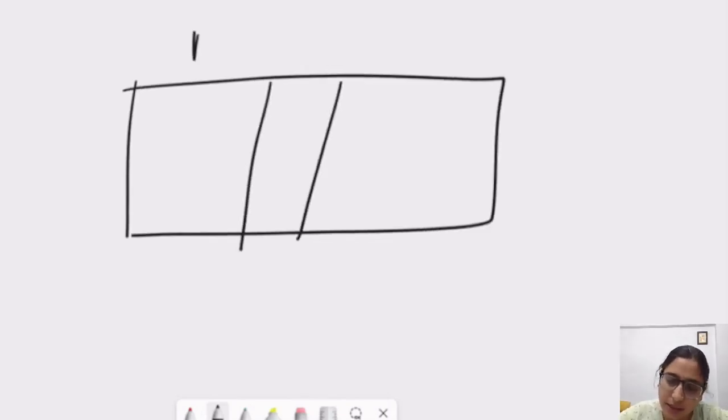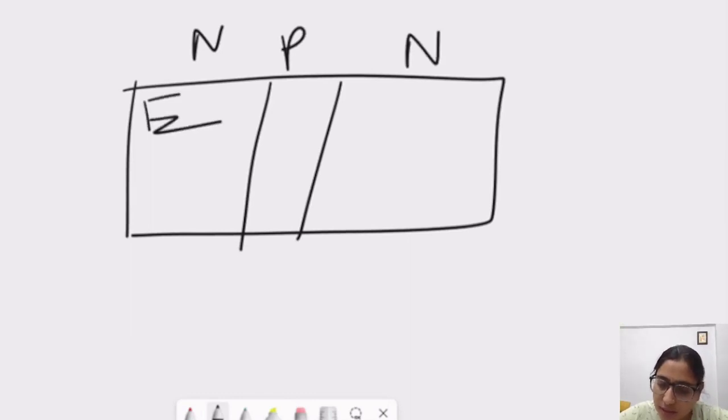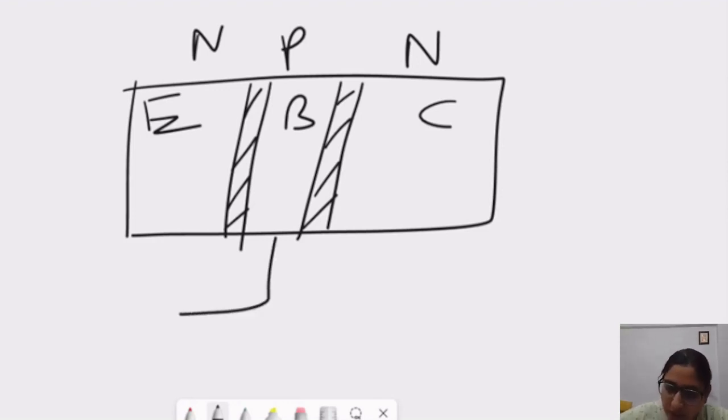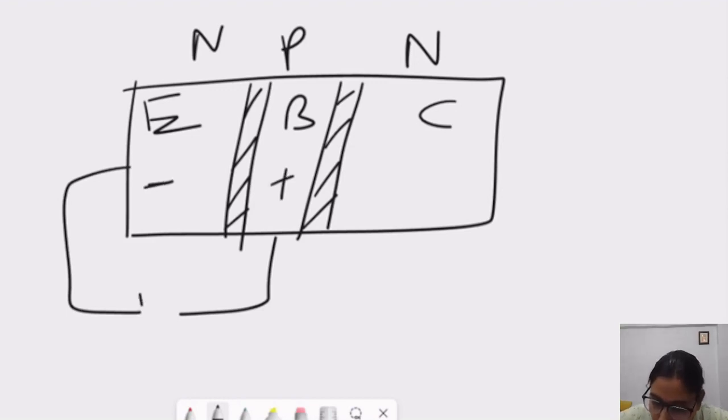This is our emitter, this is our base and this is the collector. We know that a barrier potential is there in the emitter-base junction and in the collector-base junction also. To remove this barrier potential, we need a biasing battery. So, we will apply a forward bias, with negative charge here and positive charge here. When we connect negative to negative and positive to positive, it is forward bias, and this battery we consider as VEE.